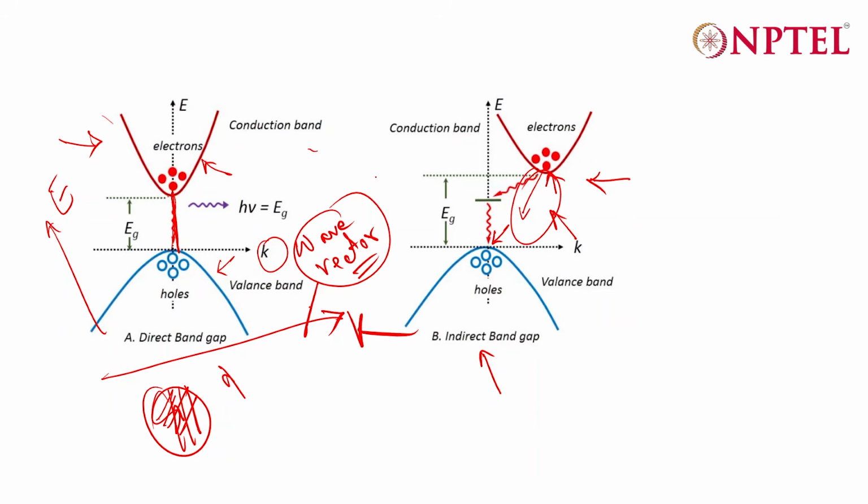However, if they are direct band gap, they are more likely to recombine, so they'll come down very easily. So there are different things associated with that. I'm not going into much detail at this moment. That's why you will find silicon based photovoltaic devices. That is one of the reasons. You'll find silicon based solar cells because silicon has this indirect band gap property.